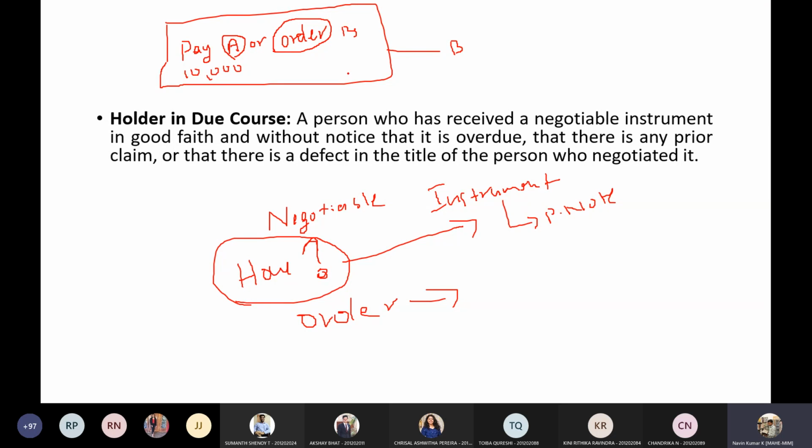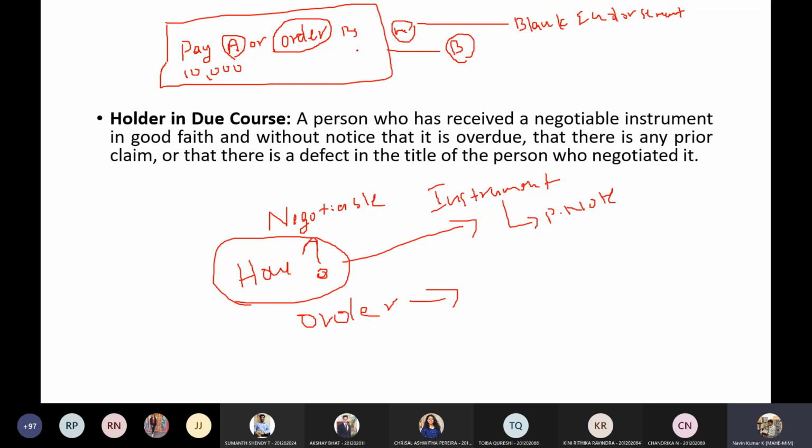Mr. A should sign at the back side of the instrument and give it to B. Mere signature is sufficient to transfer the title of the instrument to Mr. B. In case A puts just an initial or his signature at the back side of the instrument, this is called the blank endorsement.